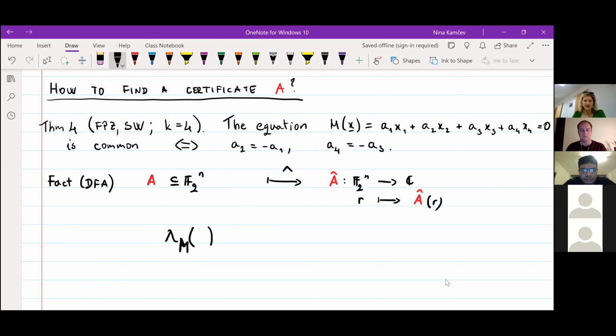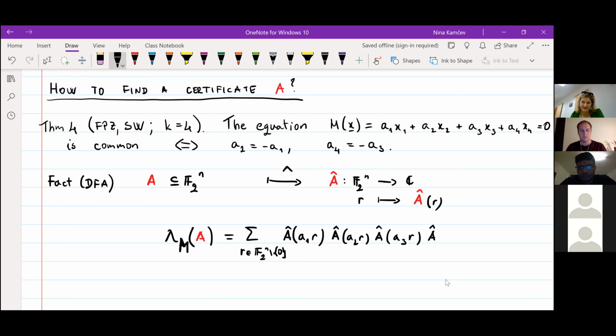So given this equation M, the number of solutions in A is just this function of Fourier coefficients of A. It's the sum over all non-zero characters R of A hat of a1R times A hat of a2R, etc., A hat of a4R.